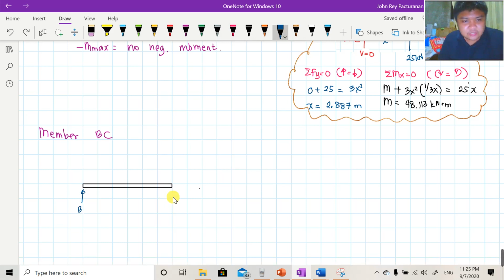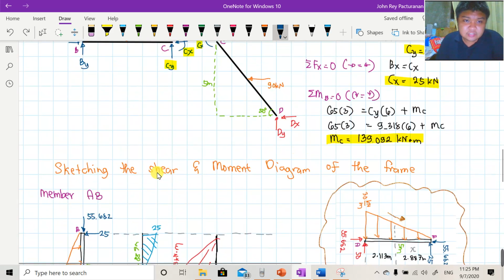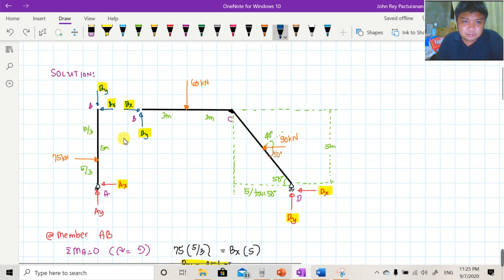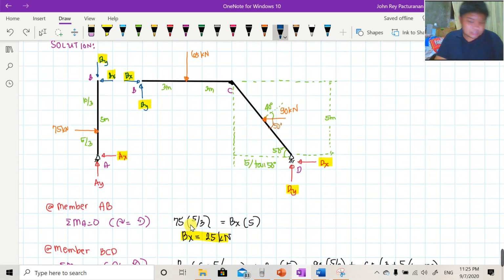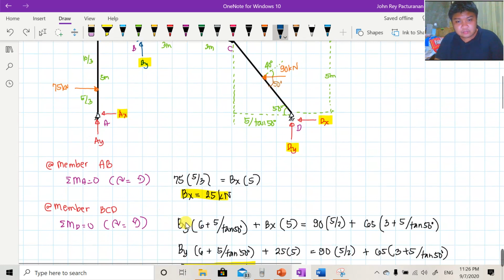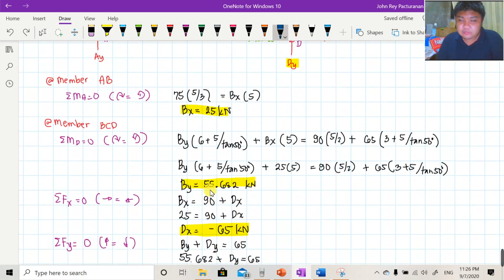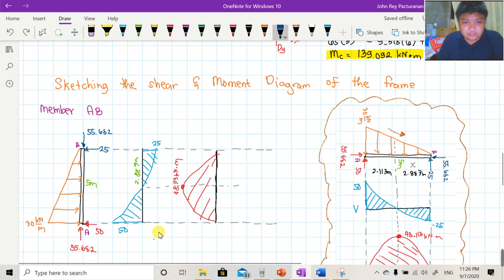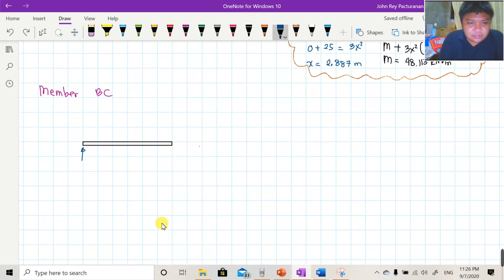Huwag nyo nang labelan as BX. Sulat na lang natin siya as is. Yung BX natin, based on assumption, paangat siya. That is 25 kilonewton. While yung BY is 55.682. So, isulat mo lang siya as 55.682. Tapos, 25 yung BX.